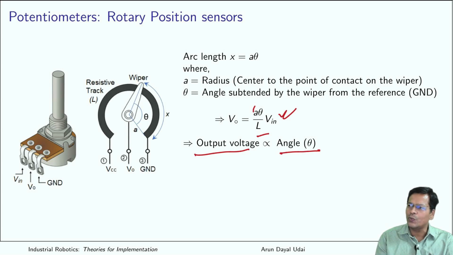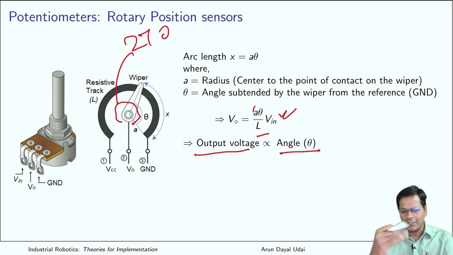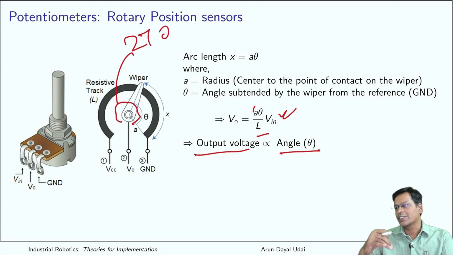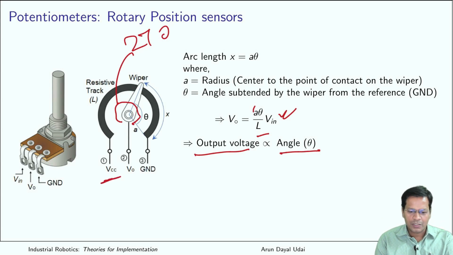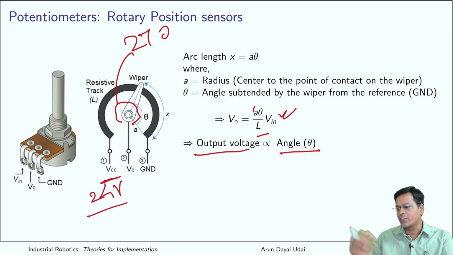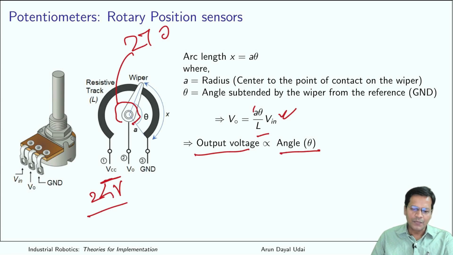If theta is the complete angle, let us say 270 degree, the output voltage is VCC, that is the supply voltage. So output voltage varies from 0 to the supply voltage. In industry it is 24 volt. So if this is fitted in industry, your output will go from 0 to 24 volt, right, for 0 to 270 degree.